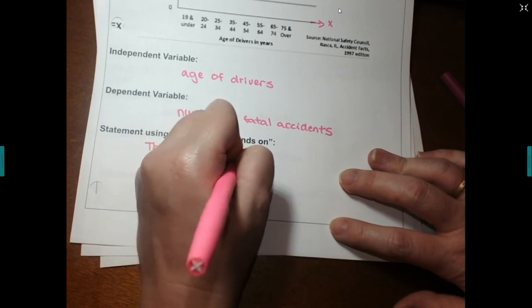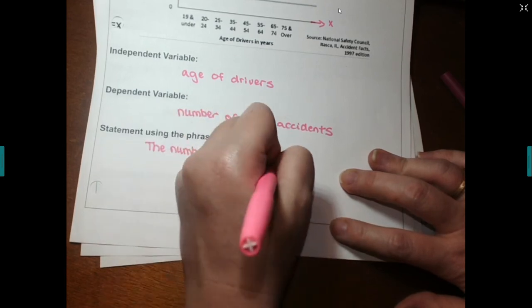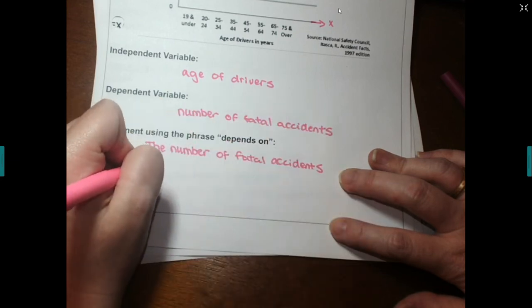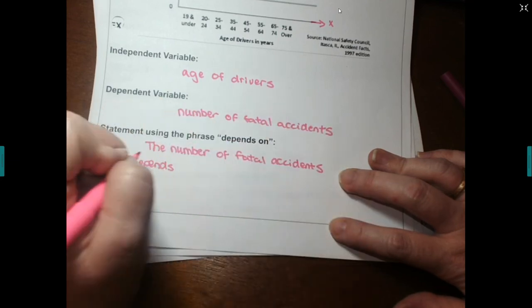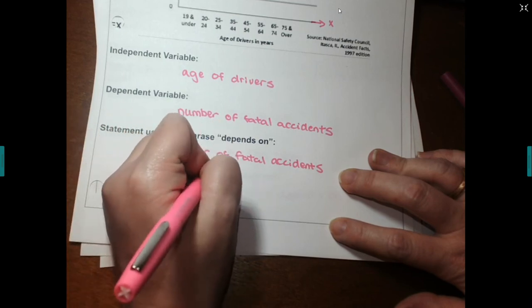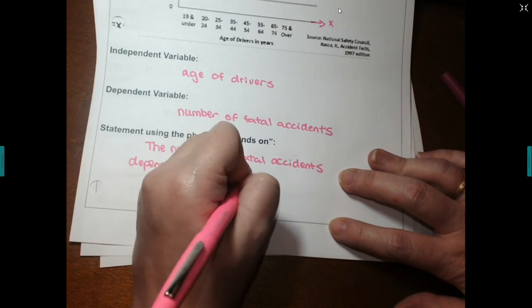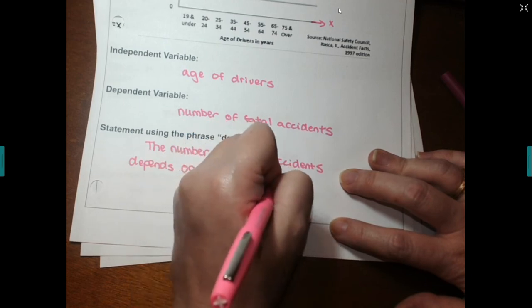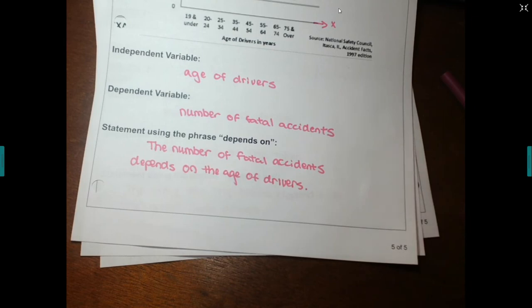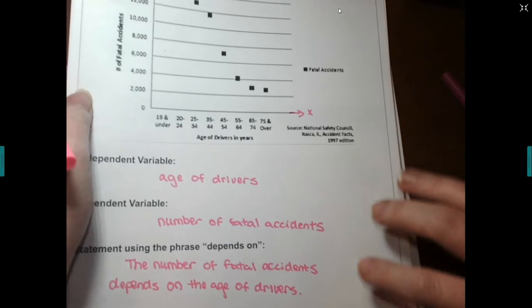So the number of fatal accidents depends on the age of drivers. Okay. And that is an important thing to think about.